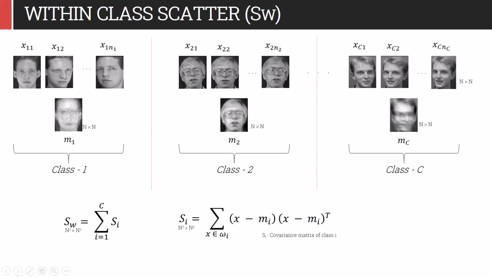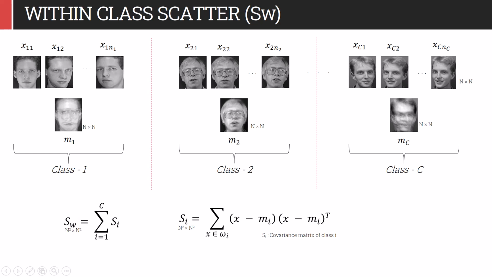Next, we have to compute the within class scatter. You know how to compute within class scatter, right? Within class scatter is given by (x minus mi) into (x minus mi) transpose. So we will subtract the mean of each class from the samples of that class. We will do (x11 minus m1) whole square plus (x12 minus m1) whole square and so on up to (x1n1 minus m1) whole square.